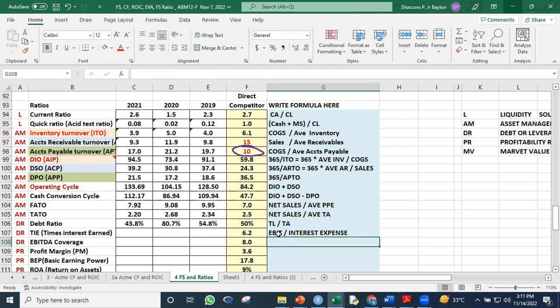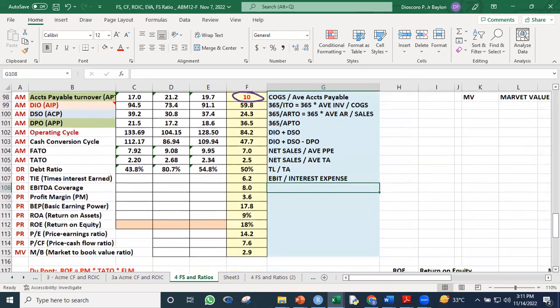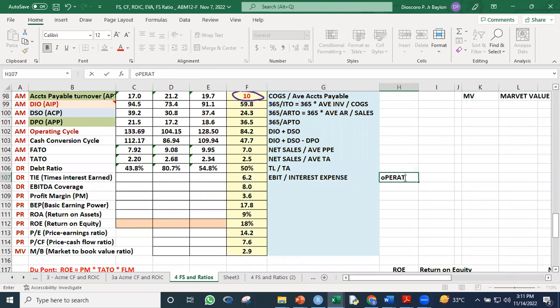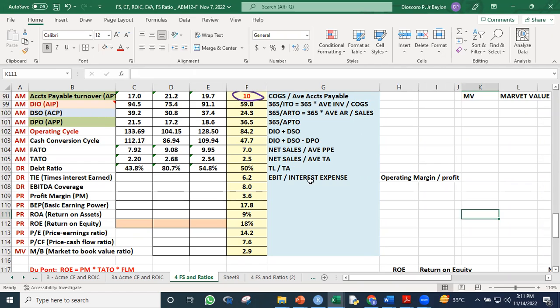Okay, so whatever value we get here, the way we read that is for every 1 peso of interest expense, the company has operating margins. Diba? Ang EBIT is operating, this is operating margin. Operating margin or operating profit. Si EBIT, no? EBIT is also called operating margin or operating profit.